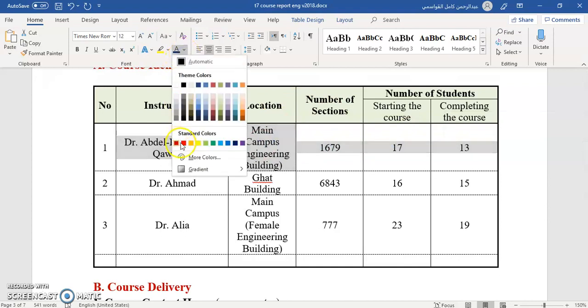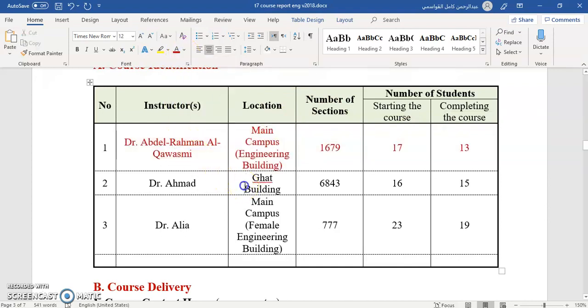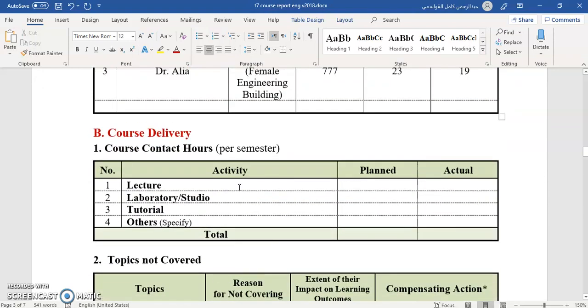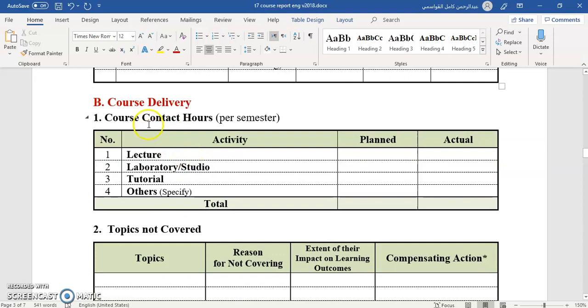Let's make it in red color. So this section will go to the B section, course delivery. The course delivery should be based on the course specifications.